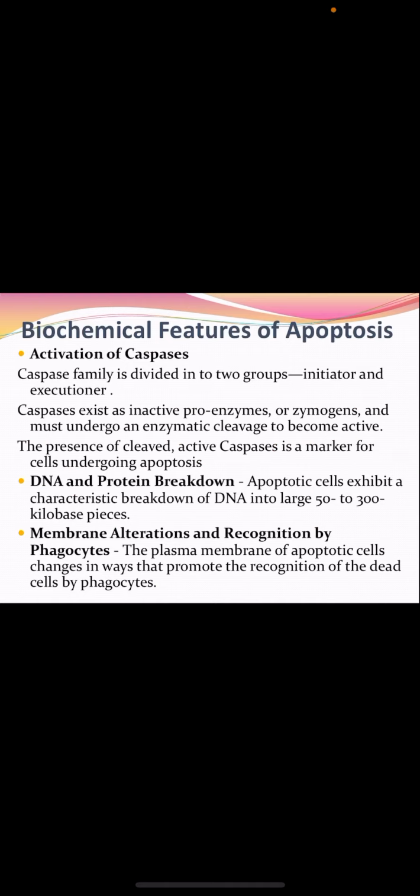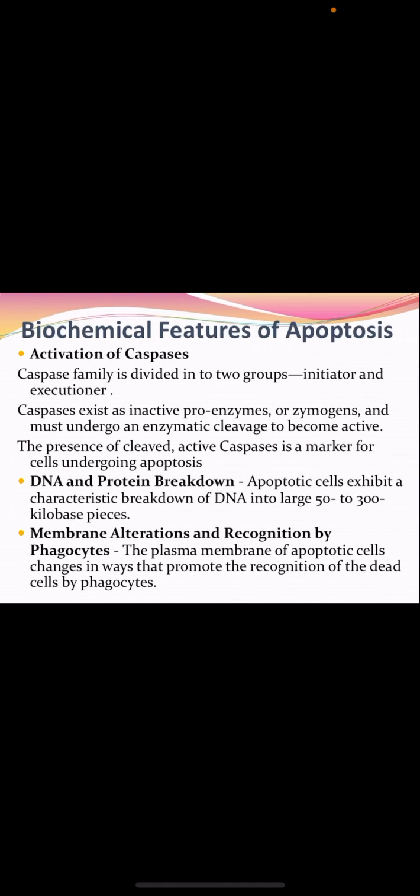In simpler terms, there are two groups of caspase: one is initiator and the other is executioner caspase. These caspases are present in an inactive form and need to be converted to the active form. This active caspase itself is a marker of apoptosis.